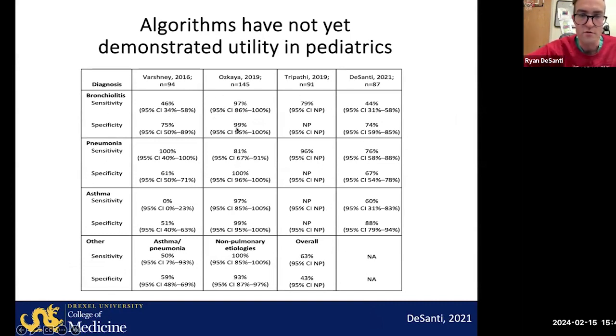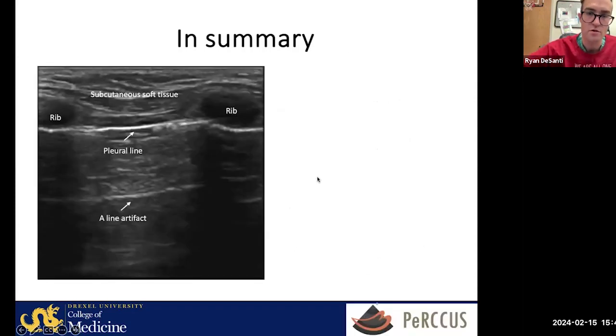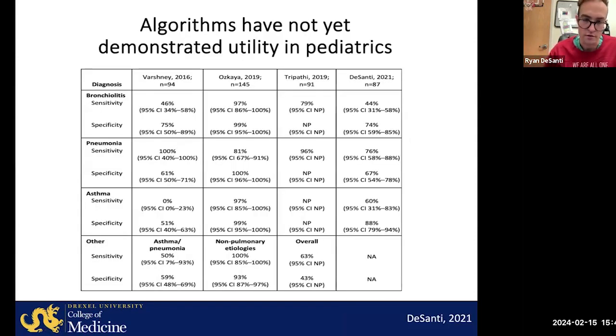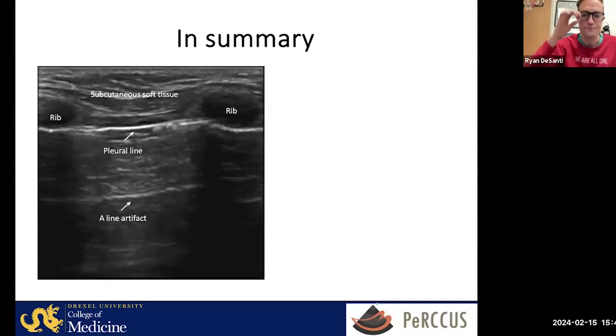Obviously, there are some differences between studies, but most of the adult literature shows sensitivity and specificity in the high 80s or 90s, whereas pediatric literature, just using lung ultrasound, not including history and physical exam, is much less well established. And so this is why I say we should be using clinical history, physical examination, and the lung ultrasound as an ancillary study in helping us determine what's causing patients' respiratory distress or failure.